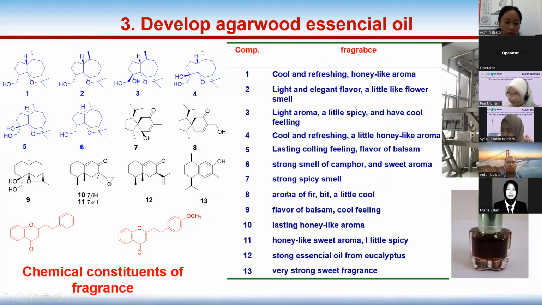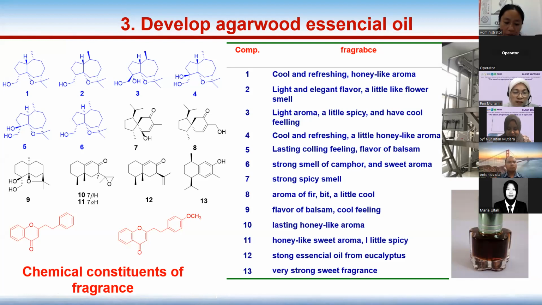And then we also developed Agarwood essential oil, because before, in some companies, the essential oil after extraction did not smell so good. Then we tried to develop it. According to the chemical composition of agarwood, we found that cis-quinidine and phenylethyl compounds are the two main compounds.